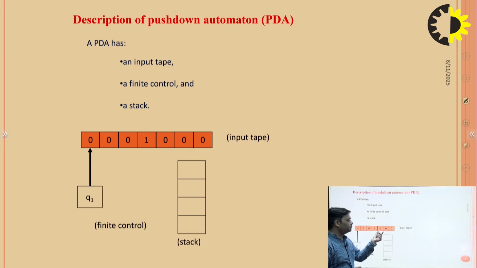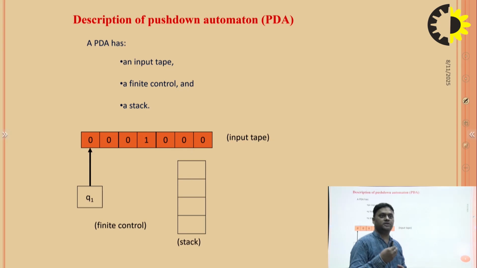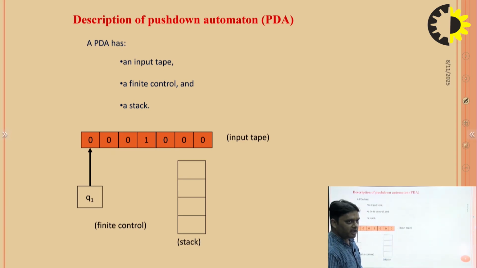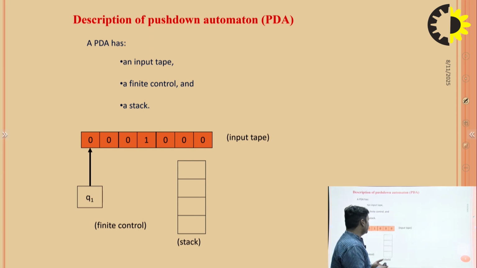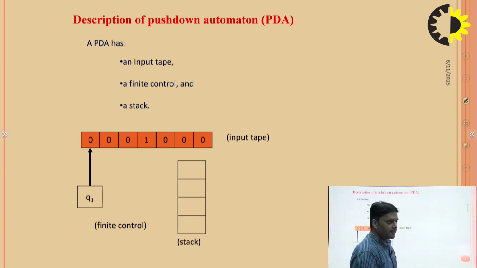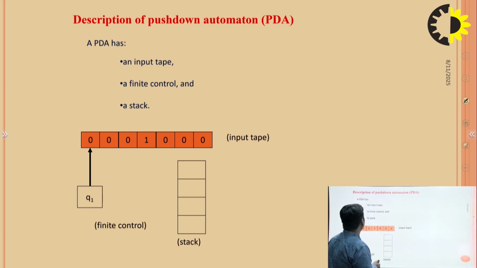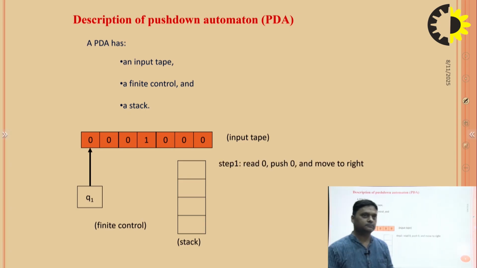This is the input tape where we put the string we have, and this is the stack where we push the string as per our requirement. This is the architecture of PDA: input tape, finite control and stack. We can see this is a block diagram of PDA.